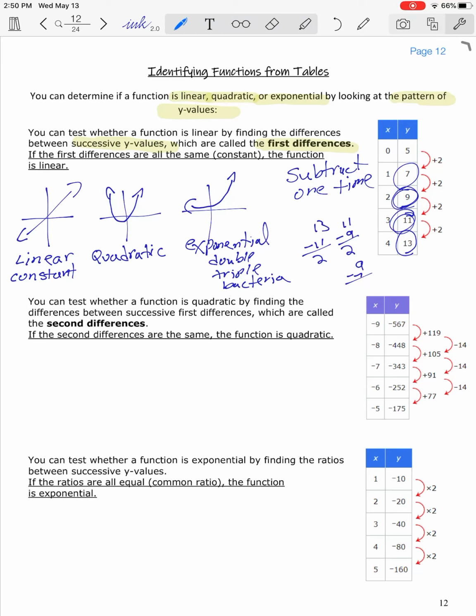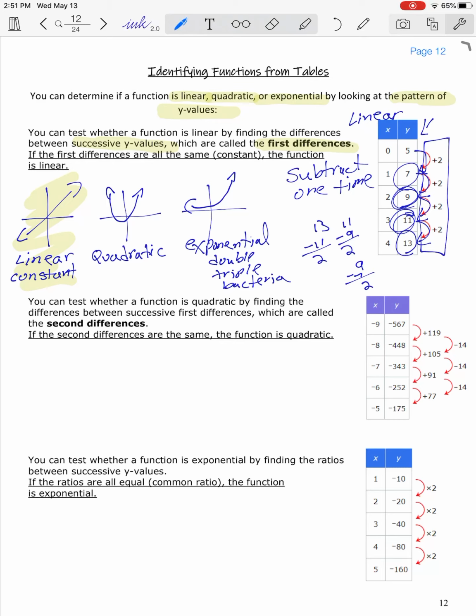Then I'm going to do 9 minus 7, and I'm going to get 2. Same with 7. So we know my difference is going up by 2. So that is the same number. We subtracted once. That's constant. That means this table right here is a linear function. So if it's a linear function, we know when we graph it, it's going to look like this.